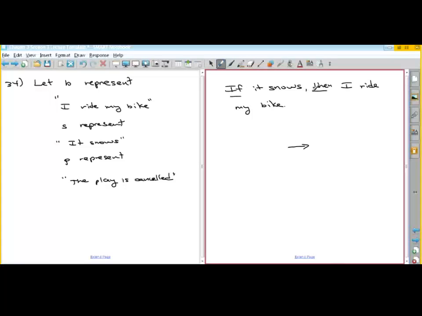We're going to need this arrow because we have the if-then part. We recognize that it snows is represented by the letter S, so we put S in there. And I ride my bike, so we look for the corresponding letter, which is B, and so that's going the other direction. So it's what we've done before. It shouldn't be too hard.